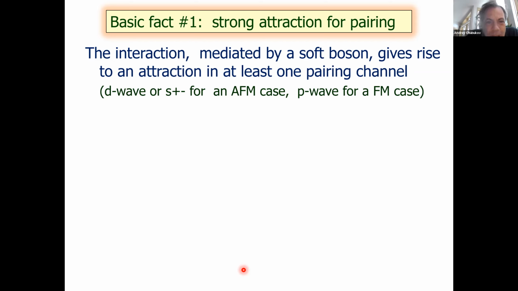when crowds of people apply this to cuprates. Then equally known is s plus minus superconductivity for the case of iron-based superconductors. There is also p-wave for the ferromagnetic case that goes back to helium-3 times. But there are other examples where you can find a pairing channel which is definitely attractive and enhanced.